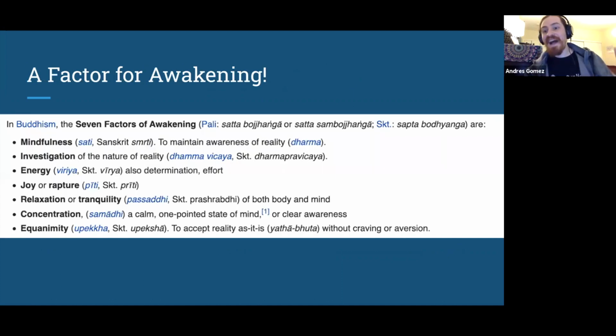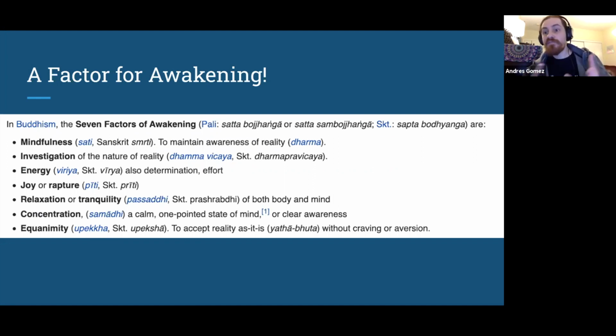And even according to the Buddha, high valence is an important factor for awakening. Of the 7 factors for awakening, I would say about 5 are very connected to valence: mindfulness, joy, relaxation, concentration, equanimity. They are different flavors of high valence.